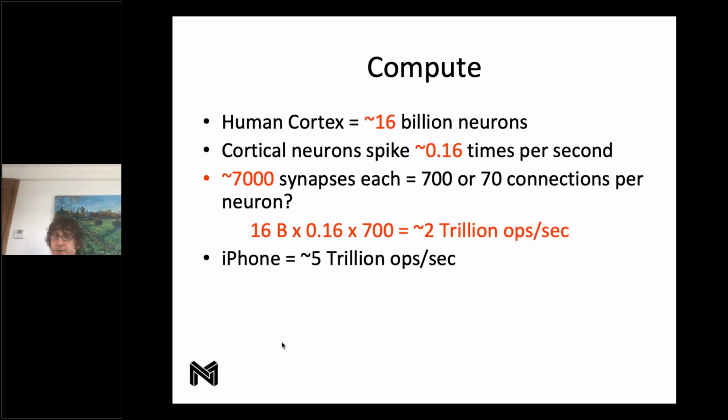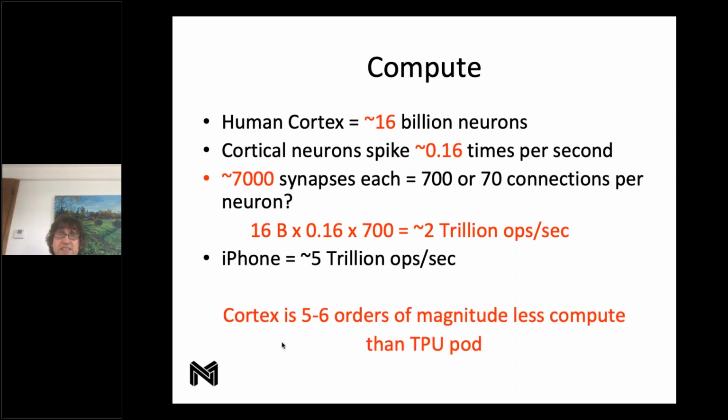So 2 trillion operations per second is like an iPhone. It's not that much computation actually. And what this tells us is that your cortex, between your ears, is 5 to 6 orders of magnitude less compute than the TPU pod, okay?